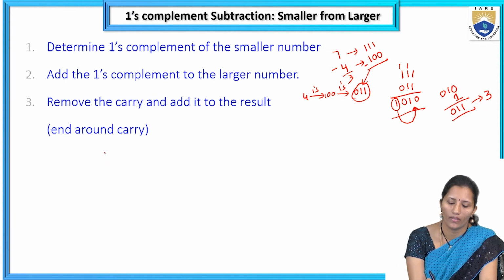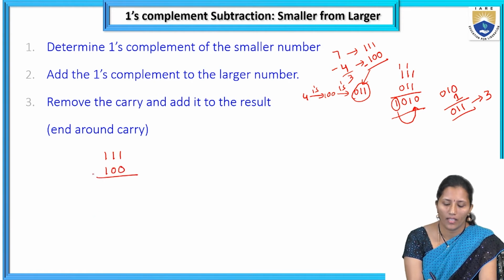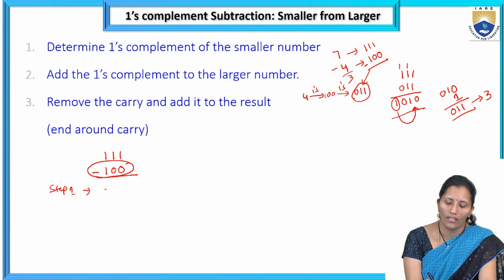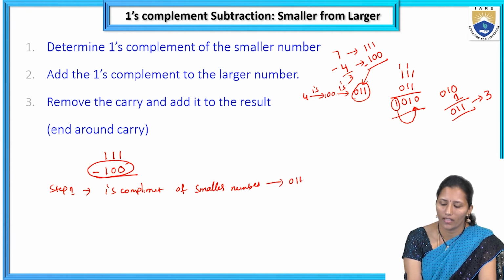Just to recap what we are doing: we are subtracting a smaller number from the larger number. In step 1, we have to find the 1's complement of the smaller number, here 1 0 0, whose 1's complement is 0 1 1.